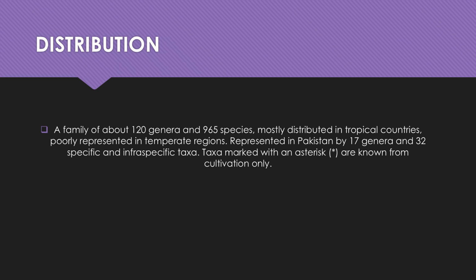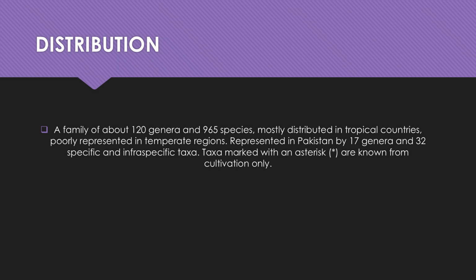Actually, this is a very large family consisting of about 120 genera and 965 species. Out of this, only 17 genera and 32 specific and infraspecific taxa are present in Pakistan.